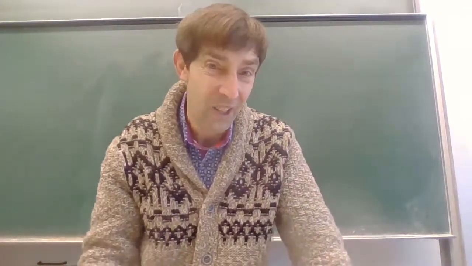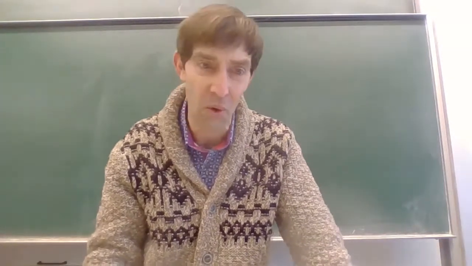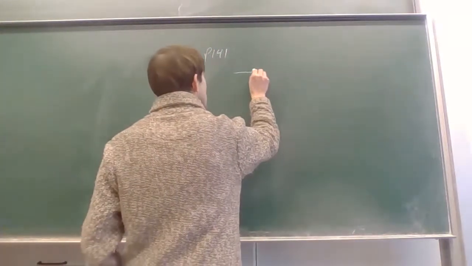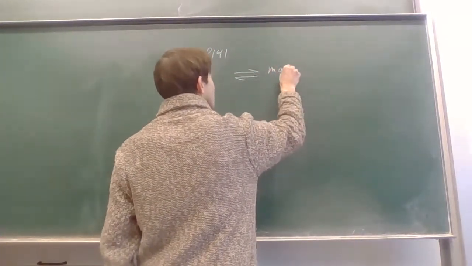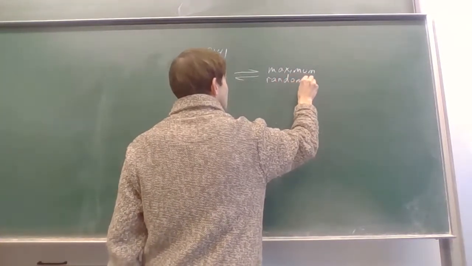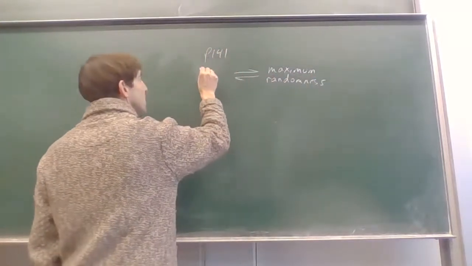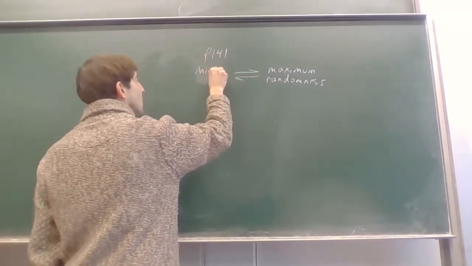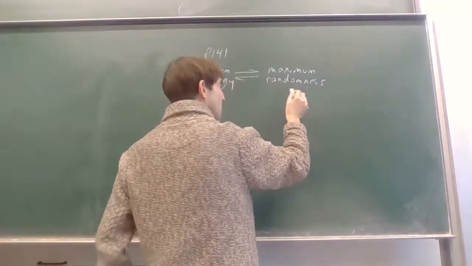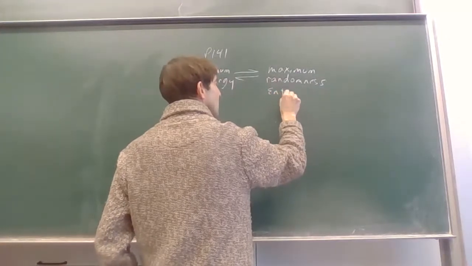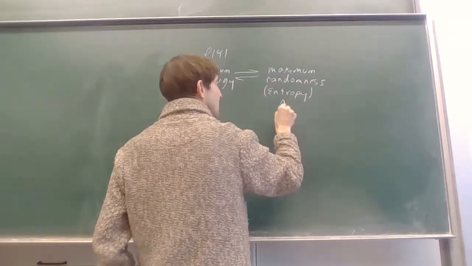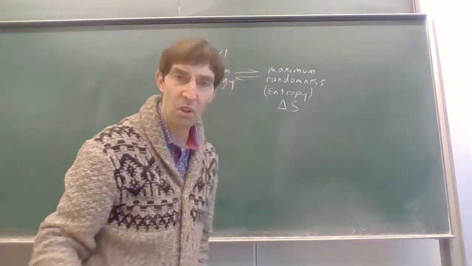We have generally 2 desires or 2 trends in the universe: maximum randomness and minimum energy. The maximum randomness we call entropy, and the symbol is S, or we can say the change in S. We're going to use that again today.